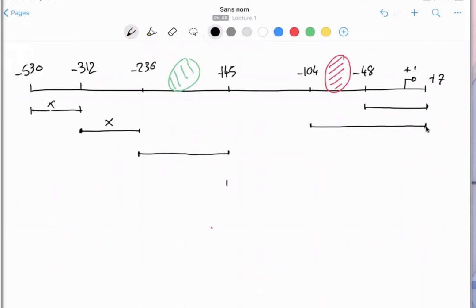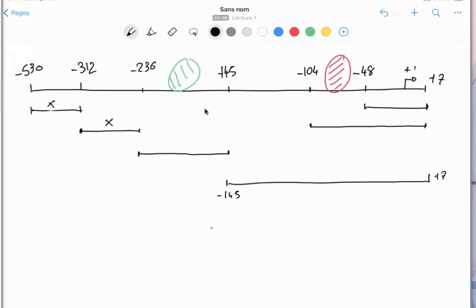So fragment -145 till +7. What do you see? Look very carefully, because this one is very, very tricky.